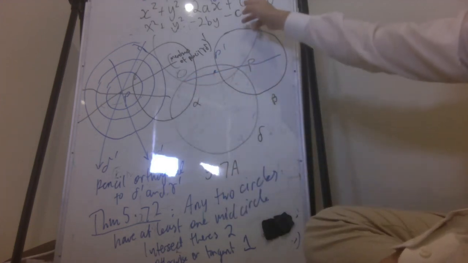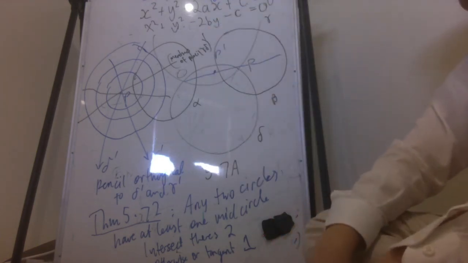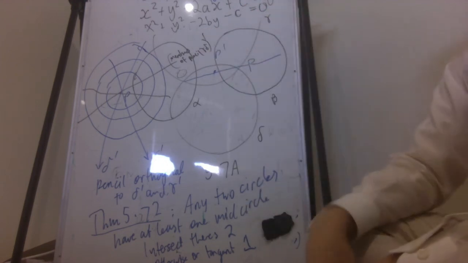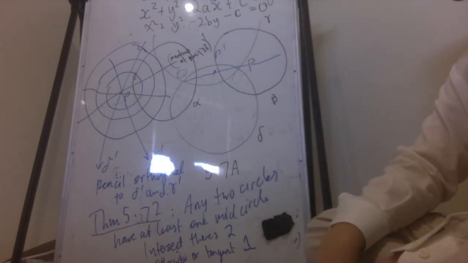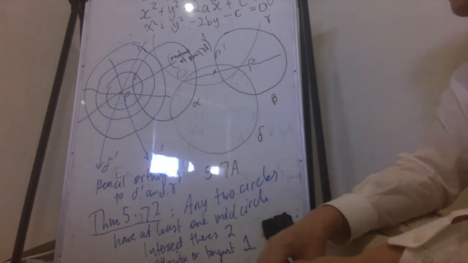So they're plus or minus root C, yeah? Remember we said the limiting points were plus or minus root C.